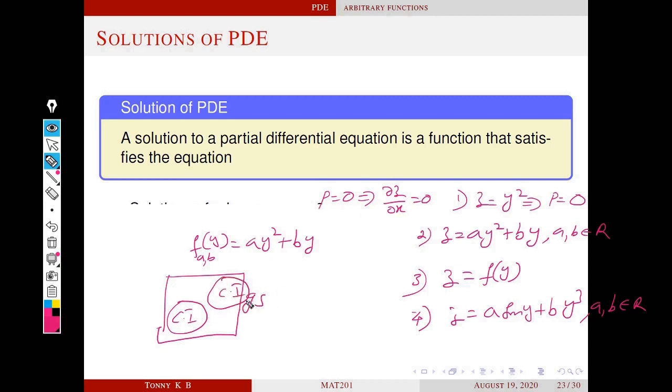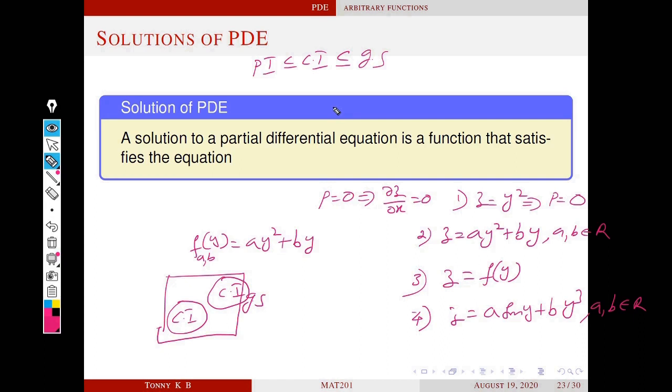So complete integrals are subsets of the general solution. In general, a PDE may have many complete integrals. A particular integral is a subset of a complete integral, and it is a subset of the general solution. So the general solution is the biggest family of solutions.